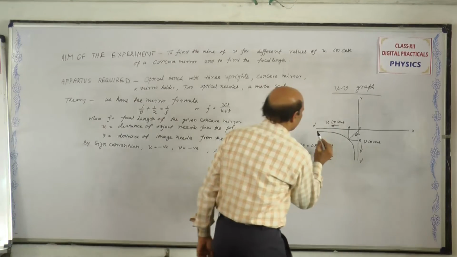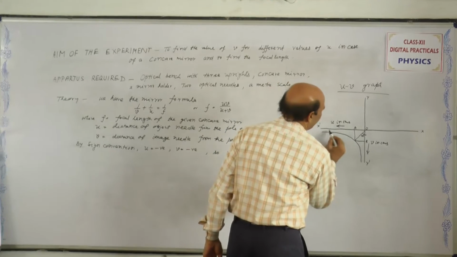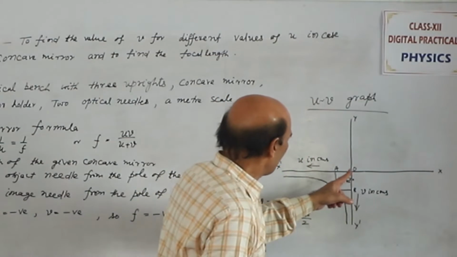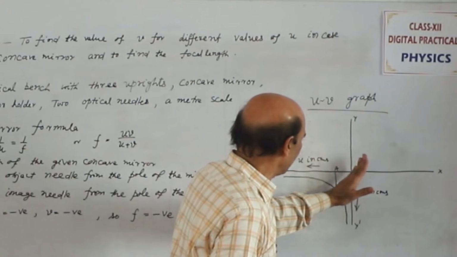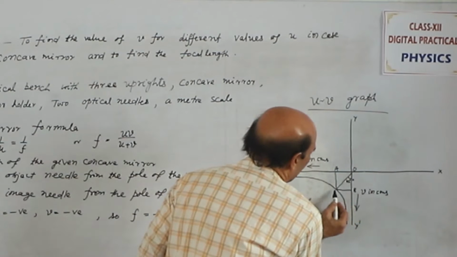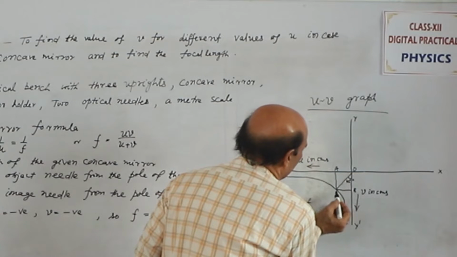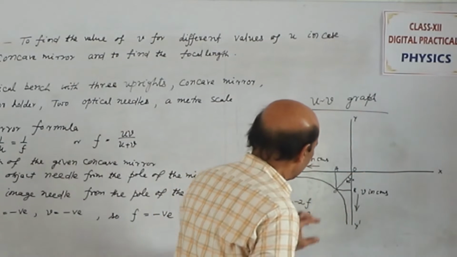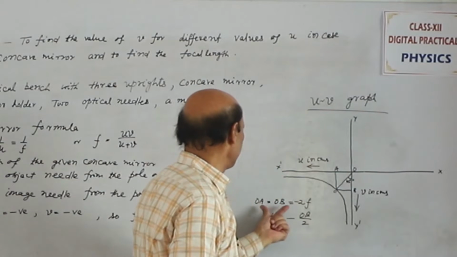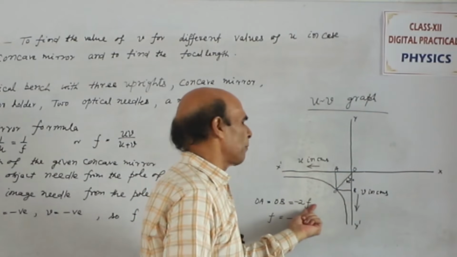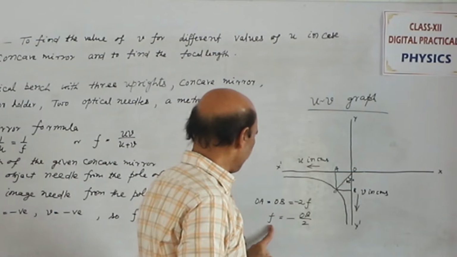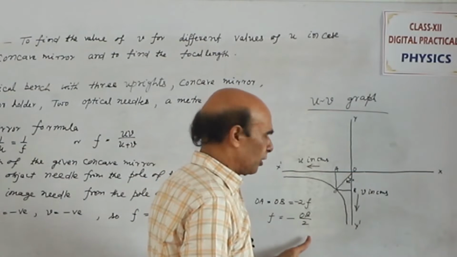Now from this point, if we draw a 45 degree diagonal straight line, then that will cut this curve at the point O. There, this distance AO and OB will be the same, and that is equal to twice the focal length, and it is negative, that's why negative distance, and F is equal to minus 2F by 2.